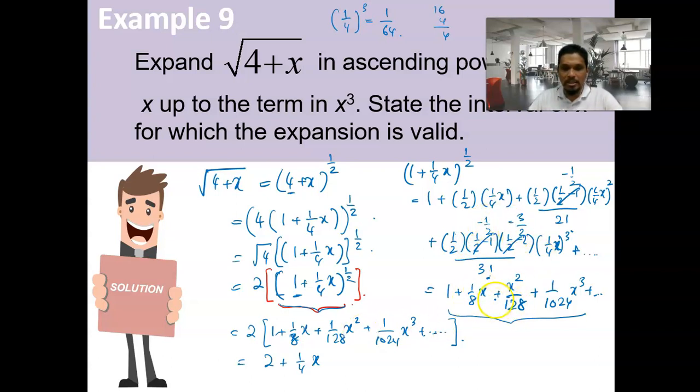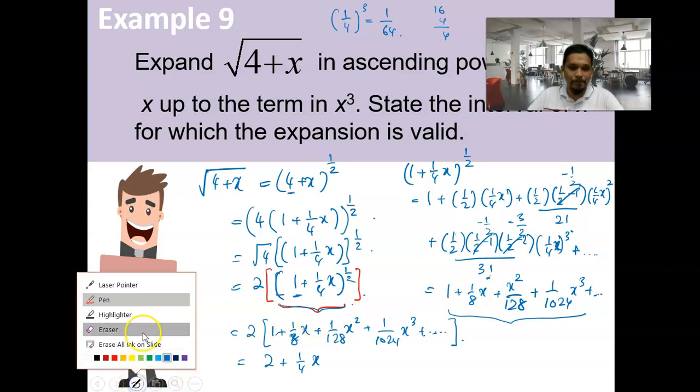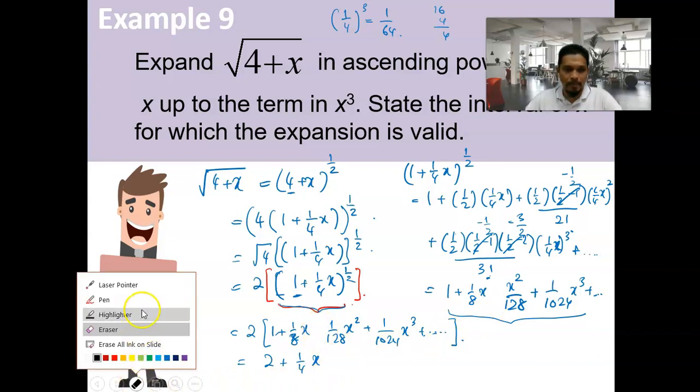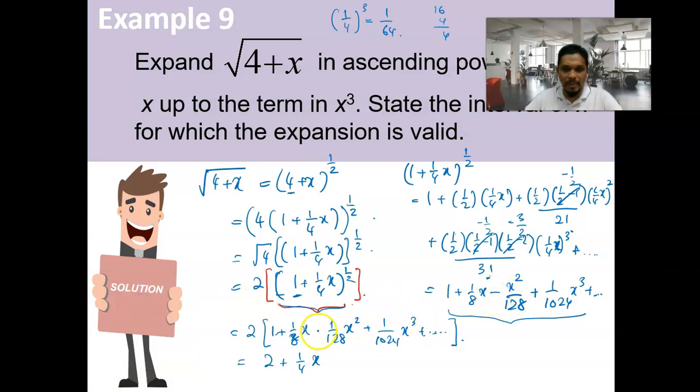So there is a sign of negative in between here. It is minus 1 over 64x squared plus with 1 over 512x cubed, since 2 divided by 1024 gives you 512. Okay, so this is the expansion then.